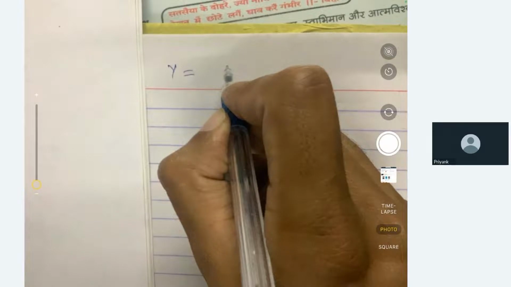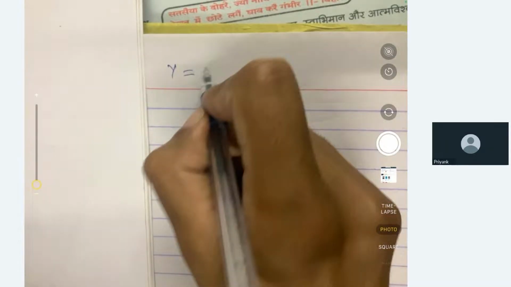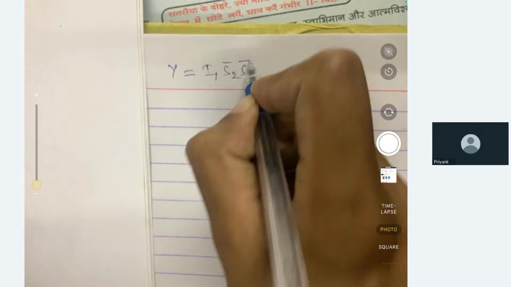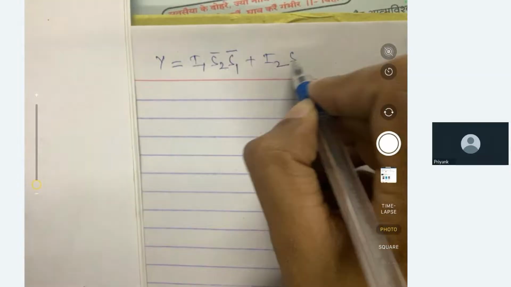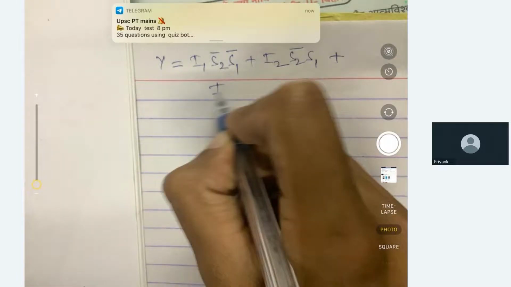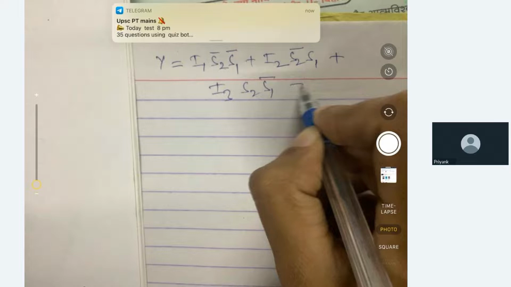And we have to write this Y will be equal to I1 when F2 F1 is 0 0. So I1 will be selected. Then I2 will be selected like F2 F1 bar. I3 will be selected like F2 bar F1, and I4 will be like F2 F1.